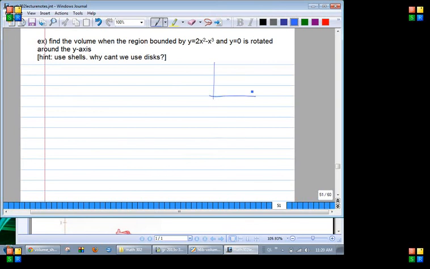So what does this graph look like? It's a cubic, and it's going to be upside down, so it should look something like this. But we do need to figure out where it's positioned, because we need to know which part of the graph we're rotating.